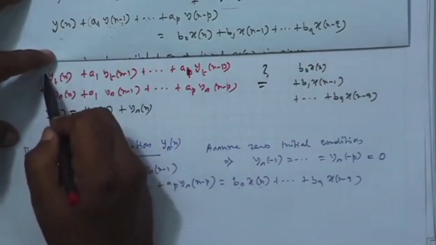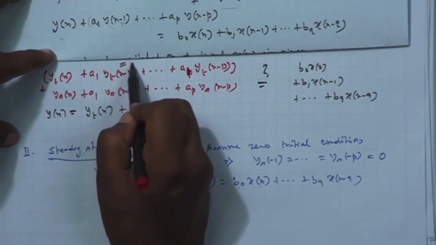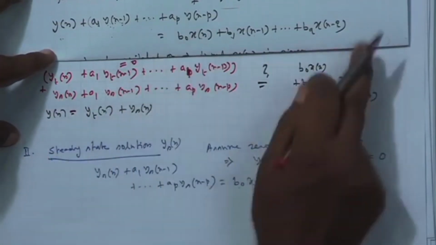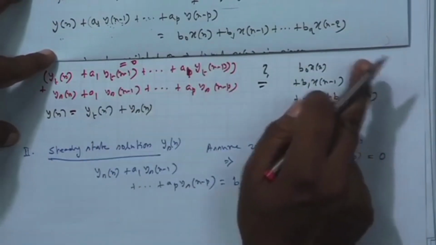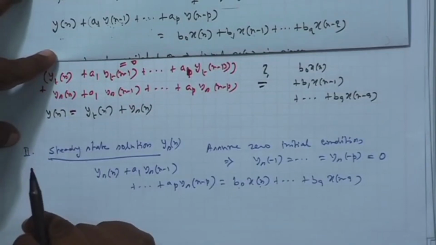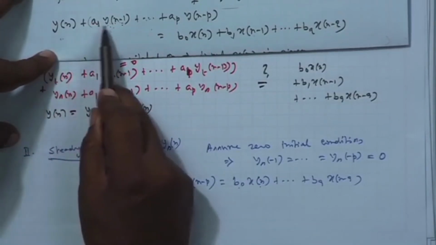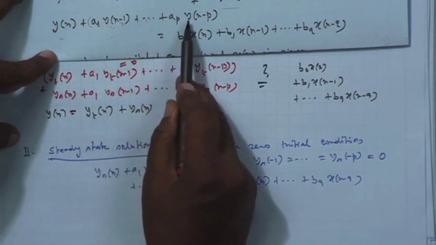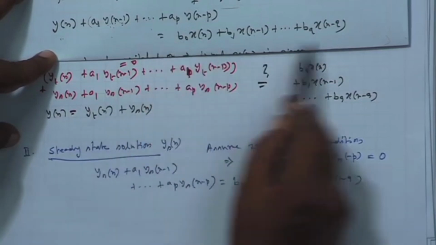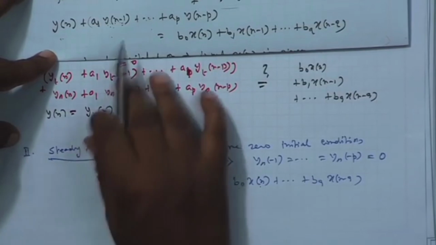That means this part was obtained by equating the right hand side to 0, no input, and using the initial conditions. So if I put back y t n on the left hand side, it is equal to 0. So, this does not contribute anything.